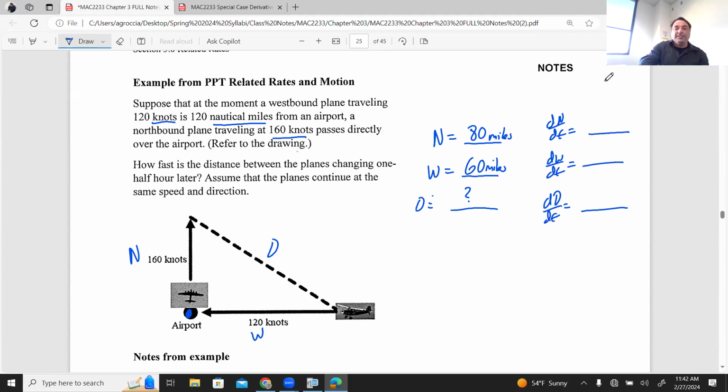And again, what's given and what's not given. So they told us that the northbound is going 160 knots. Because it's going away from the airport, that's positive.